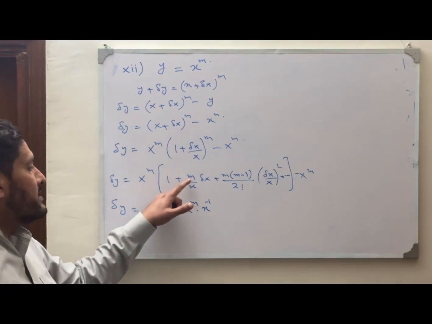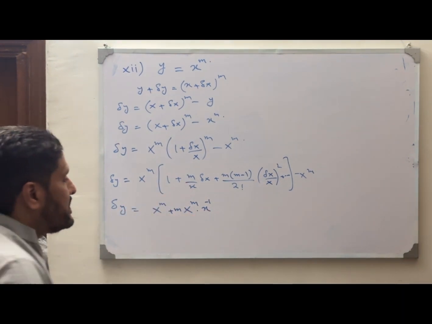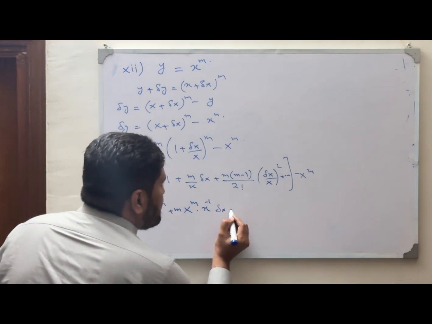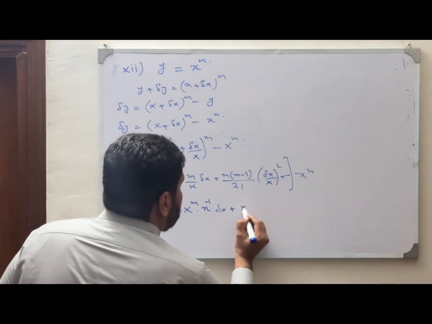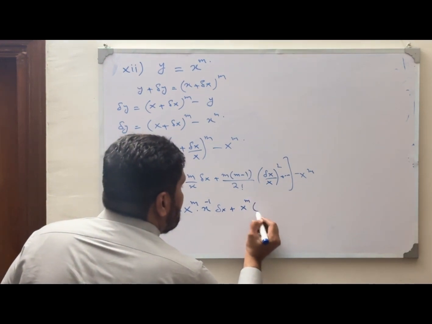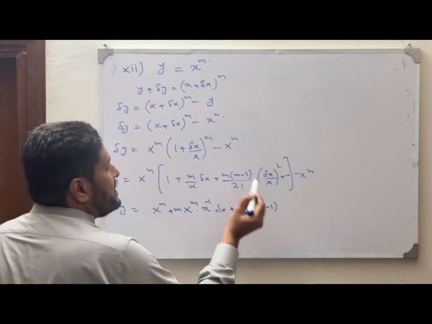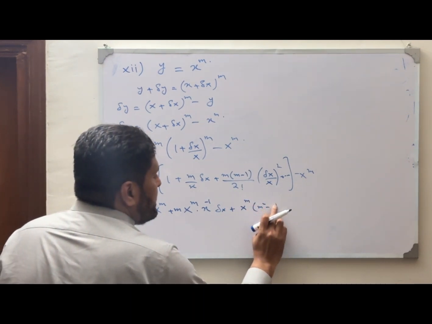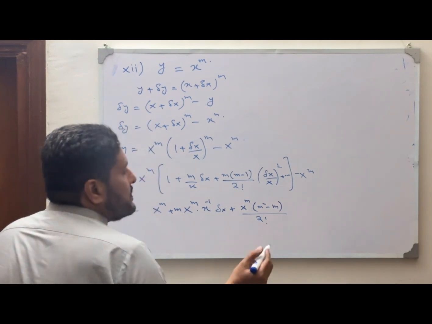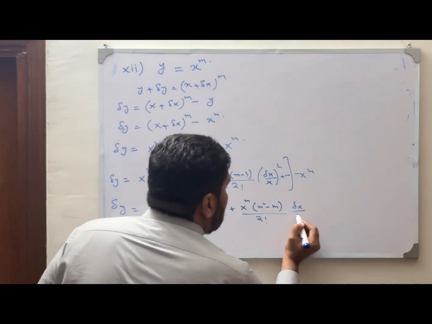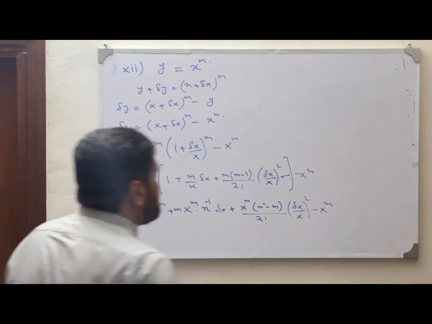So we write it as m into x power m into x power minus 1 into delta x plus x power m into m square minus m, whole divided by 2 factorial into delta x by x whole square, minus x power m.